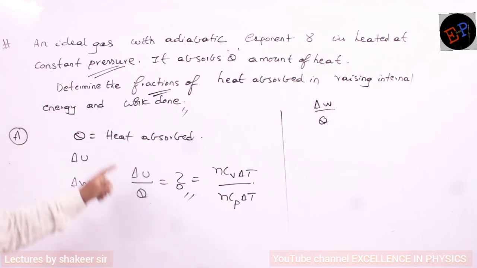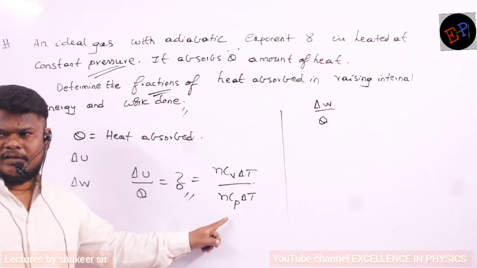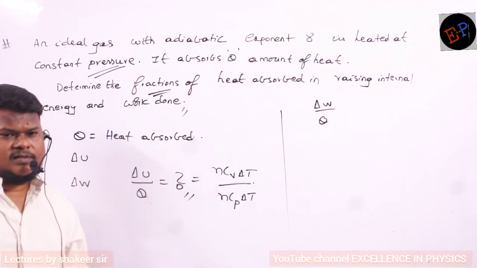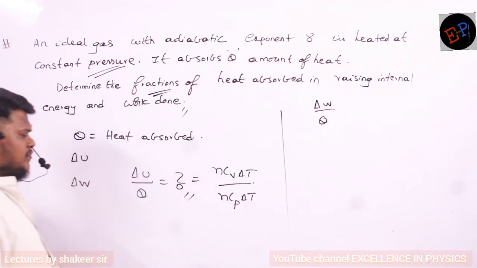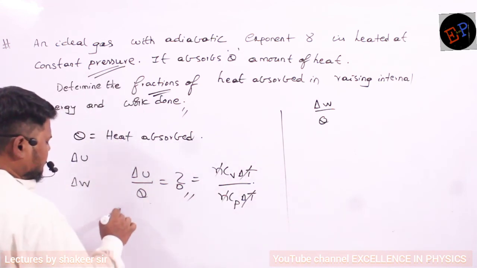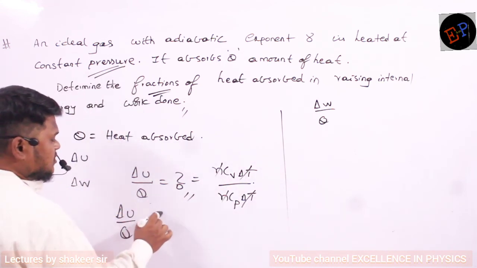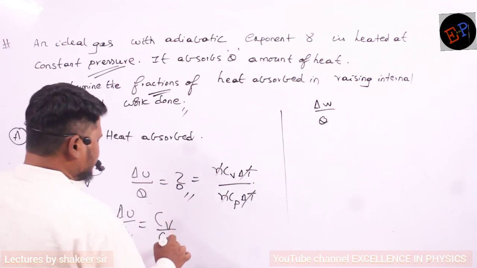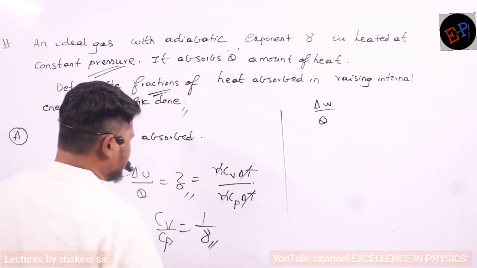And change in internal energy is nCv delta T. The change in temperature is the same, and the number of moles is also the same. So delta U divided by Q is nothing but Cv divided by Cp, which is 1 by gamma. That is my answer.